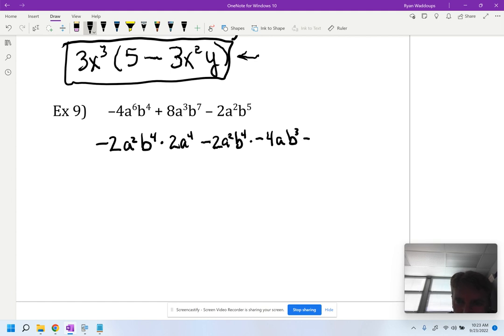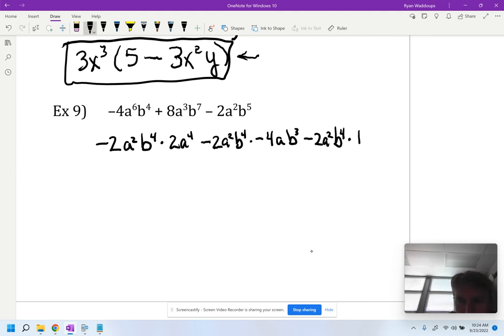And then one more time, negative 2a squared b to the 4th times, they already have the negative 2, so I can write 1. You can write the 1. I don't usually, but I'll write it this time. A squared, don't need to add anything to that because it already has the a squared in the common factor.